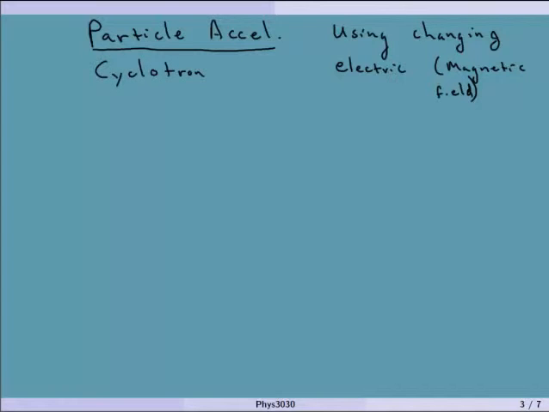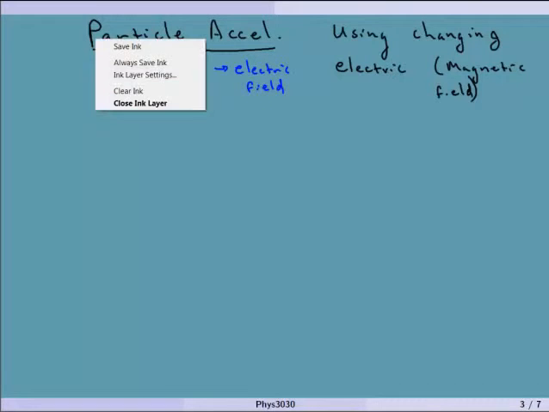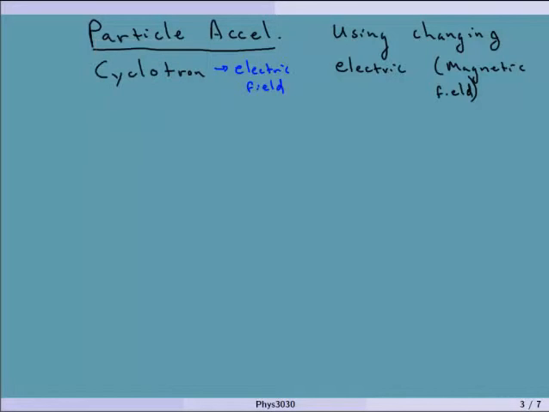A cyclotron is only an electric field. A synchrotron is both an electric field and a magnetic field, and there are other different types of particle accelerators.